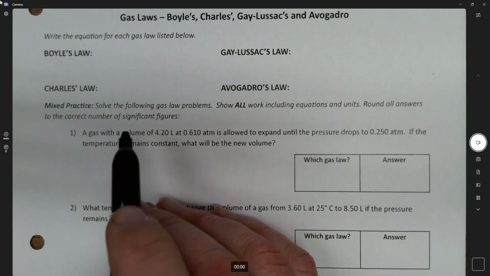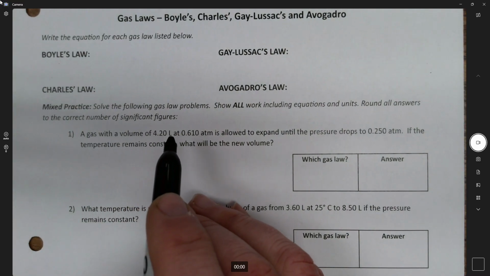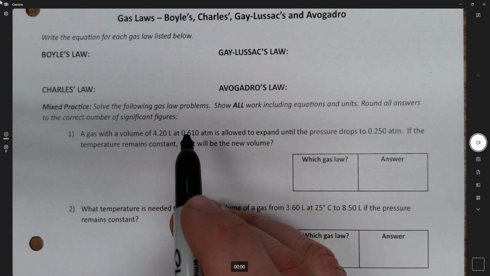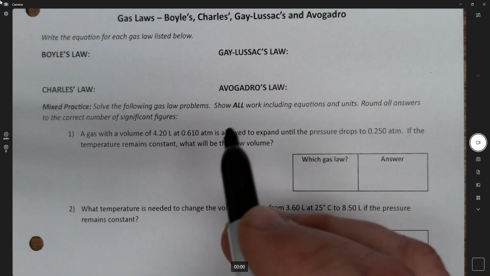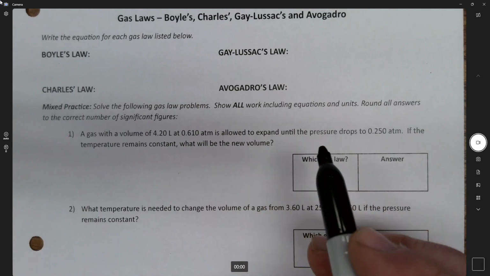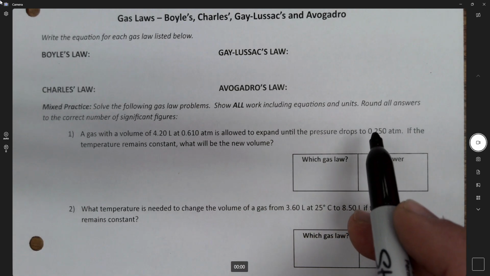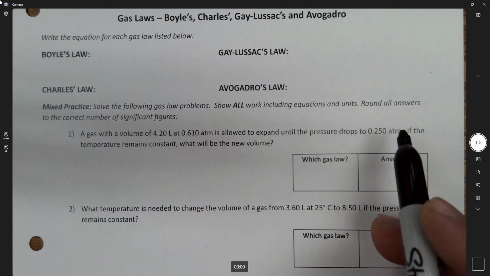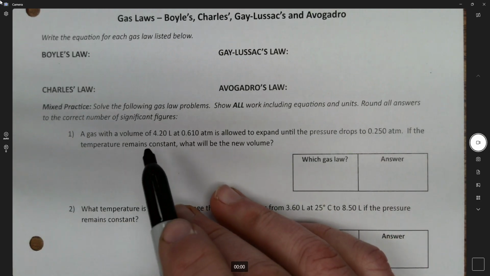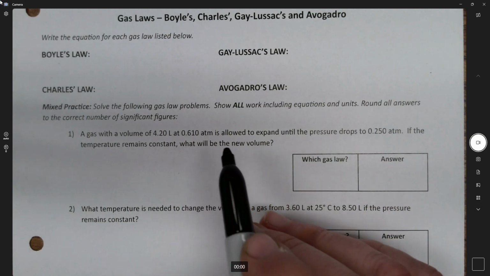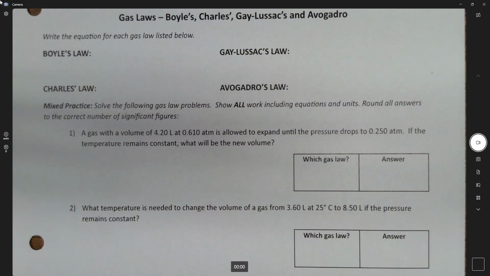A gas with a volume of 4.20 liters at 0.610 atmosphere is allowed to expand until the pressure drops to 0.250 atmosphere. If the temperature remains constant, what is the new volume?